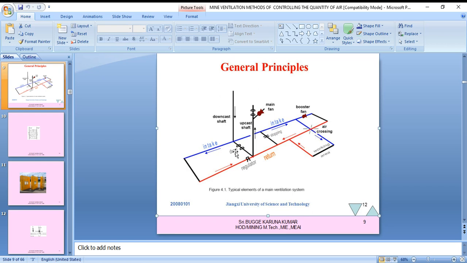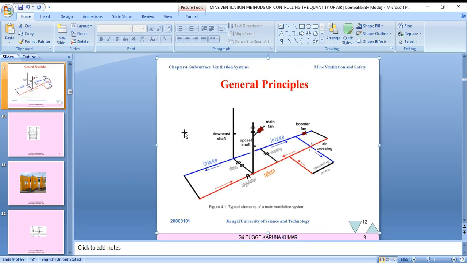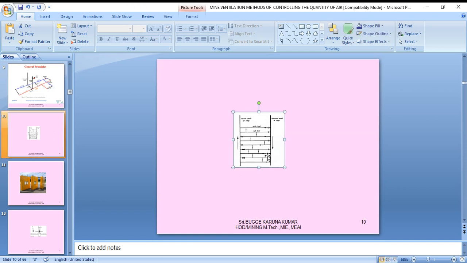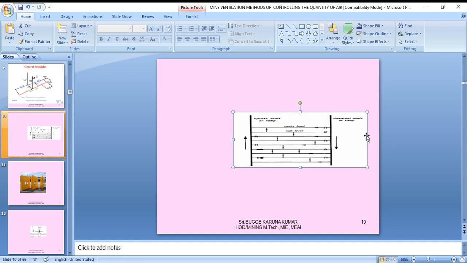So these are the nomenclature and symbols they use for understanding purposes. Then this is another model of how air is distributed.